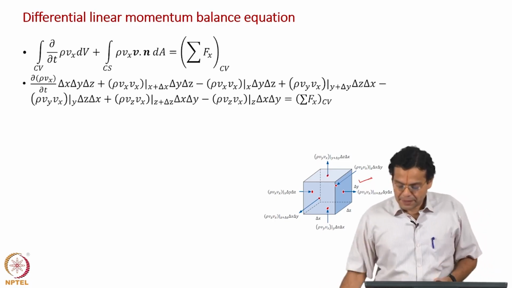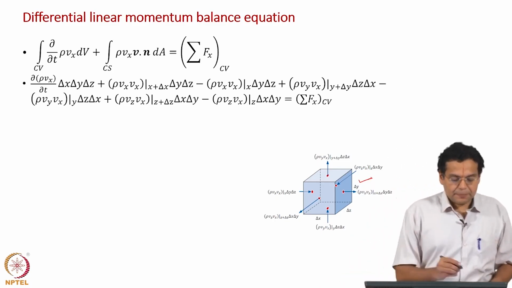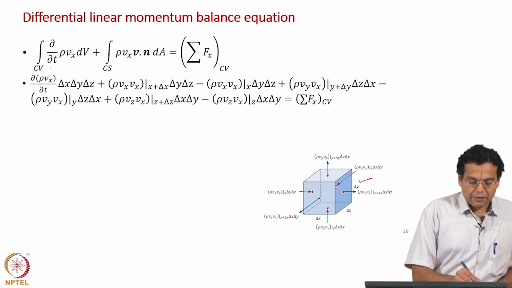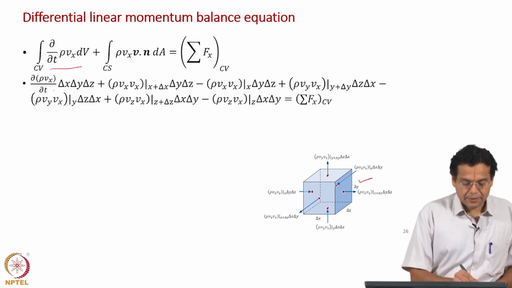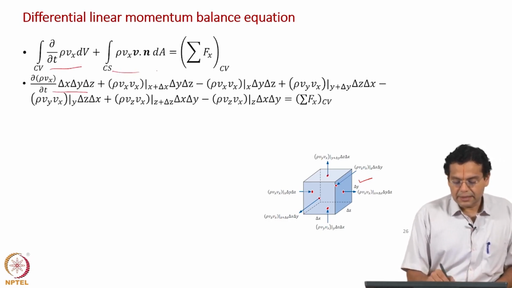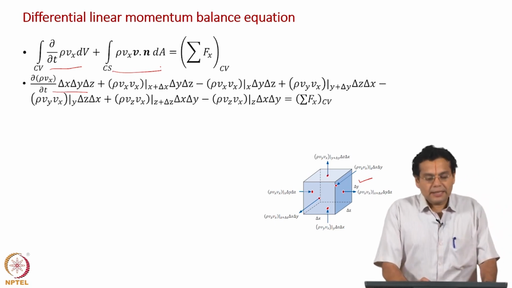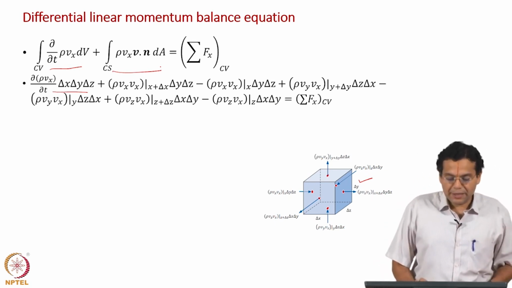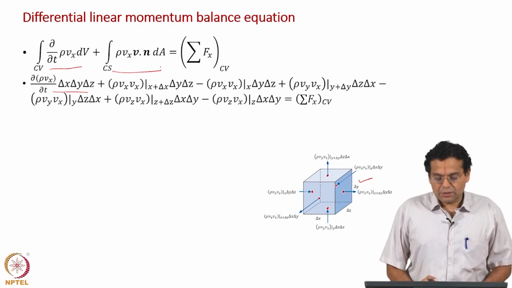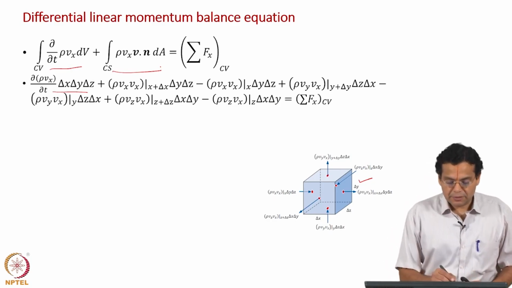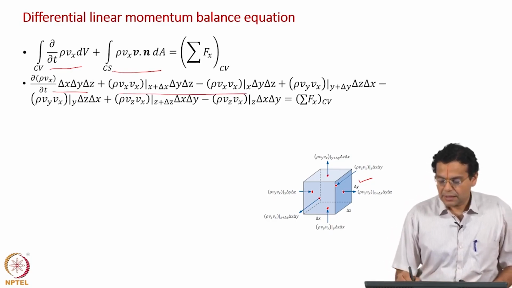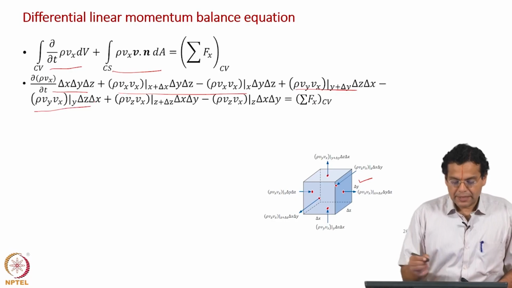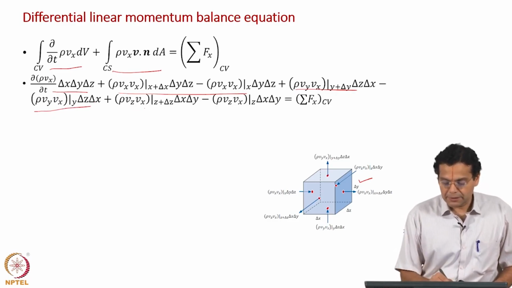And then we expressed the rate of change of momentum term, and then this integral represents the net rate of flow of momentum through the control surface out of the control volume, and we have written this for the x momentum. So these 6 terms represent the net rate of momentum, the convective momentum terms.